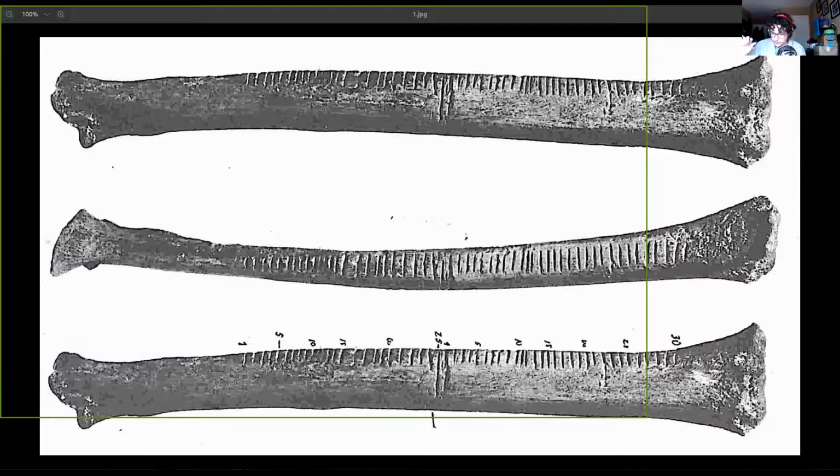So this is a non-volatile form of memory. In fact, we are able to keep that information preserved for 30,000 years. I mean, that's a long time to hold on to memory.